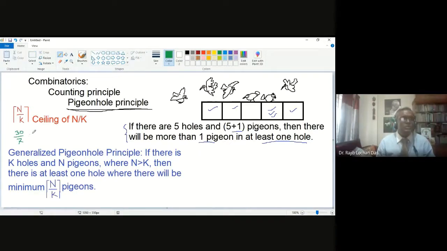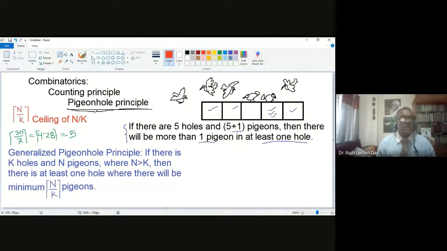Then 30 by 7 is 4 point something, like 4.28. So the ceiling of 30 by 7 will be the ceiling of 4.28, and it will be 5. So the ceiling of any number is the next whole number.